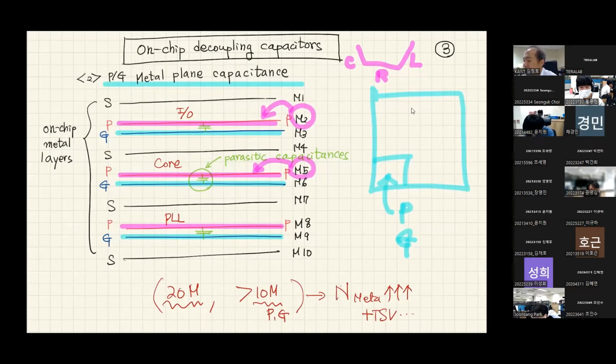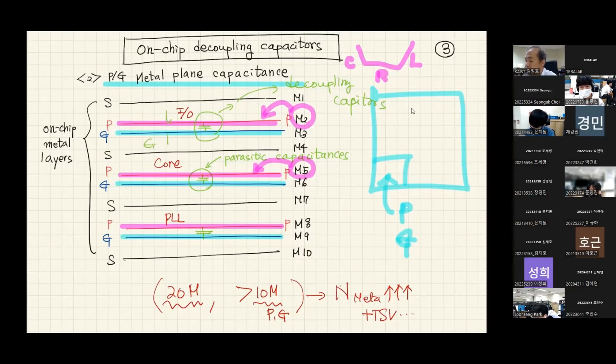So when we have these power and ground metal planes inside a chip, you're going to create capacitance, and that will work as a decoupling capacitor, unintentional or intentional. You have to choose a dielectric material which has a higher dielectric constant.